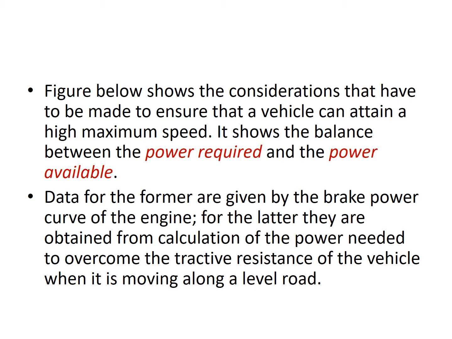Okay, I will show you the graph, the consideration that has to be made to ensure that the vehicle can attain a high maximum speed, and it shows the balance between the power required and the power available. The power available data are given by the brake power curve of the engine. The power required is obtained from calculation of the power needed to overcome the tractive resistance of the vehicle when it is moving along a level, flat road.